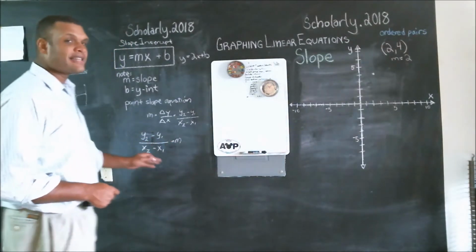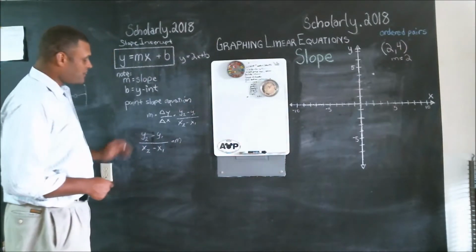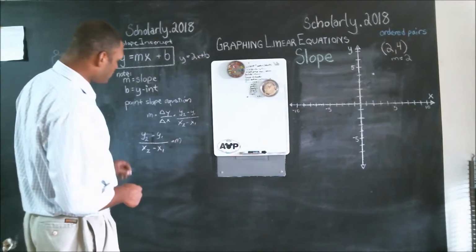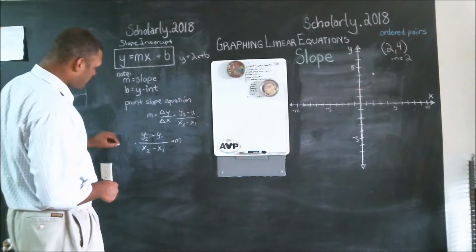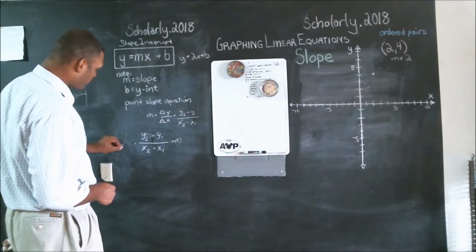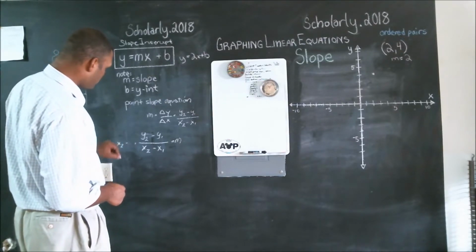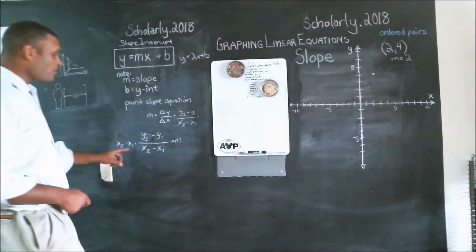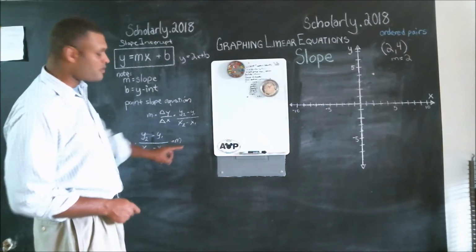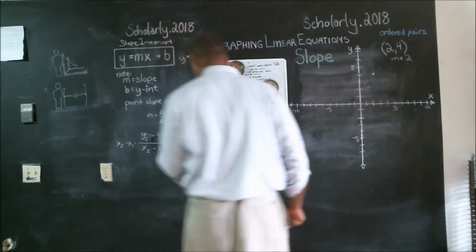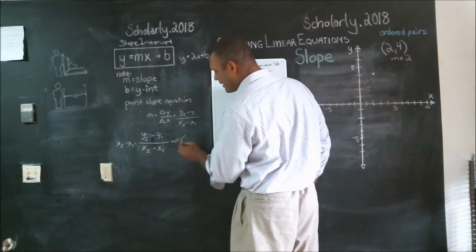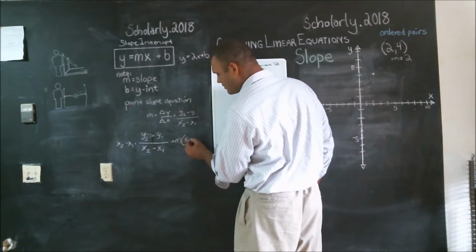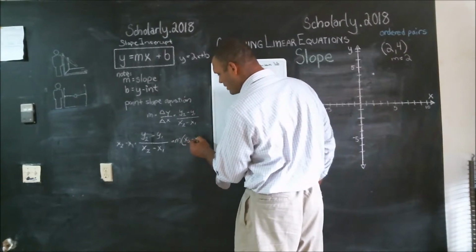And if we wanted to isolate one of these, the numerator, what we would do is multiply by the denominator. And what that would do is cancel out the denominator, x2 minus x1. But what we do on one side of the equation, if we remember, we have to do on the other side of the equation. So we'll multiply the slope by x2 minus x1, right?